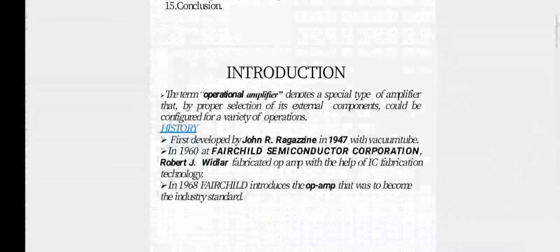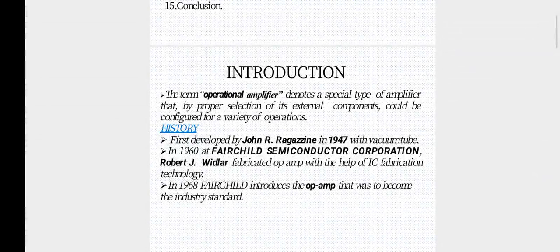First we talk about the introduction. The term operational amplifier denotes a special type of amplifier that, by a proper selection of its external components, could be configured for a variety of operations. The history of the op-amp: it was first developed by John R. Ragazzini in 1947 with the vacuum tube.